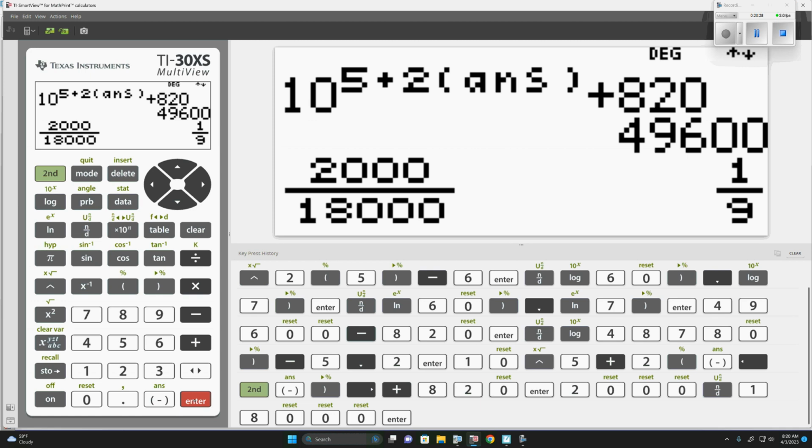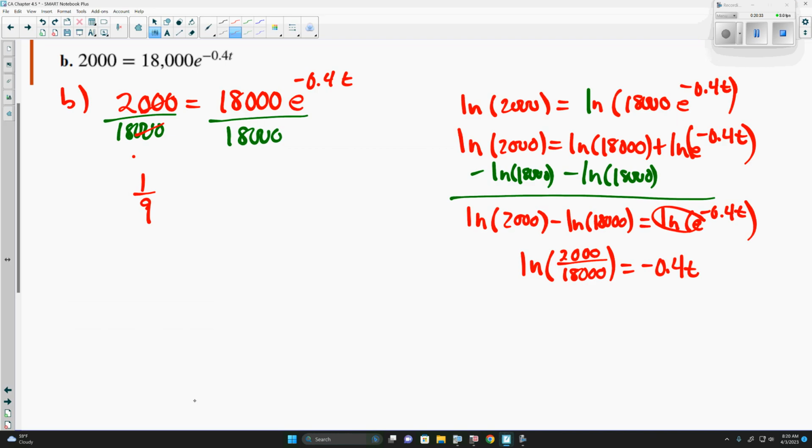So I would say at any of the steps from start to finish that require approximating, rounding, do not do those. So if we get something like here 1/9, that's as far as I'm going to take it. I'm not going to put it as 0.11 or approximate that. I'm going to leave it as a fraction. So if the fractions don't reduce nicely, leave them as fractions. Don't try to approximate at any point. 1/9 is equal to e to the negative 0.4t.